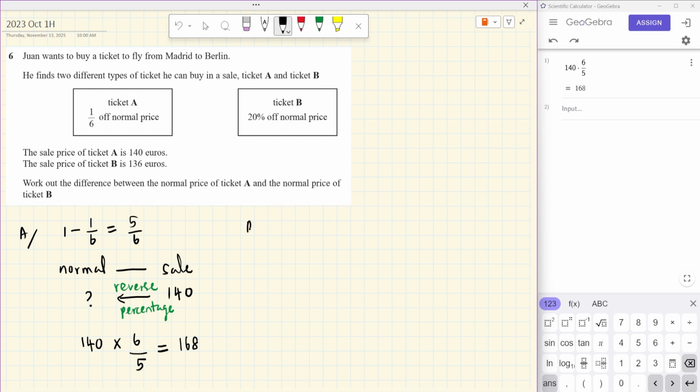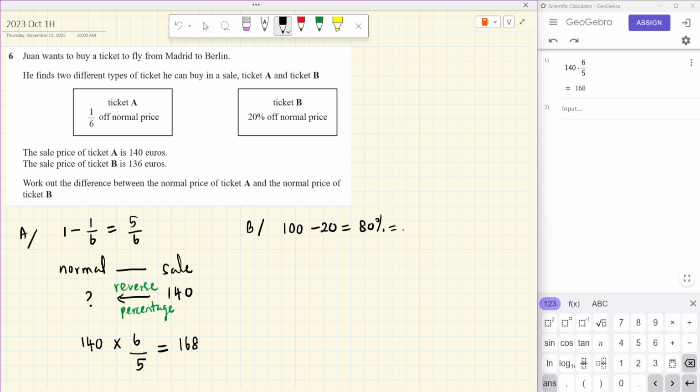Let's take ticket B. They have given the percentage, that is 20%. So how do you find the new percentage? This is percentage decrease, so we have to subtract 20% from 100. That is 100 minus 20, that is 80%.